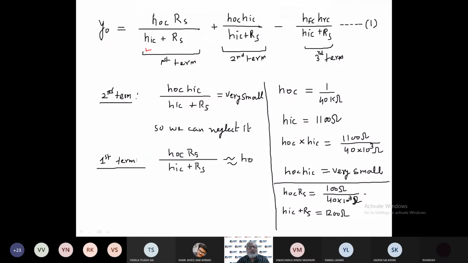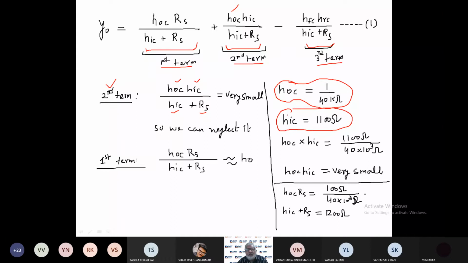Okay. So this is my first term, this is my second term, and this is my third term. So now you just see the second term, this one, hoc hic divided by hic plus Rs. So here the standard value of hoc is 1 by 40 kilo ohm. Already I have explained, I told you this. The hic standard value is 1100 ohm.